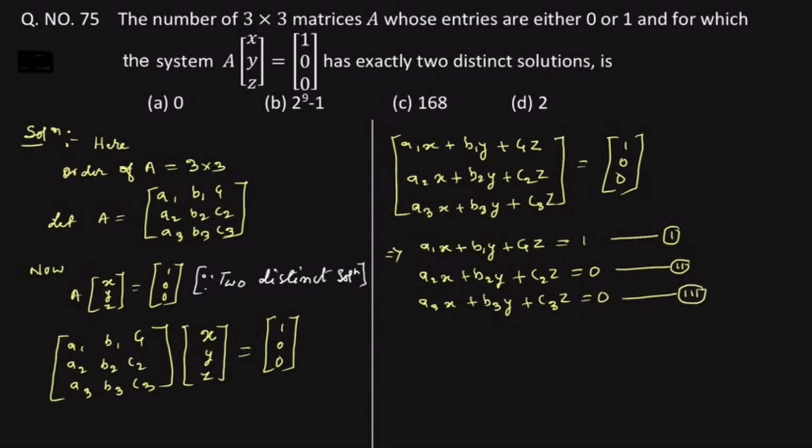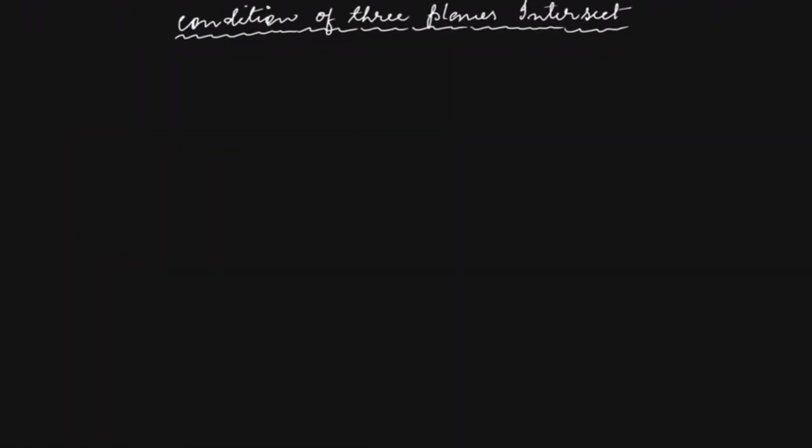Now all these three equations, equation number 1, 2 and 3, represent planes. It is given in the question that the system of equations has two distinct solutions when the order of matrix A is 3 cross 3. Now we will see the conditions of the three planes intersecting.